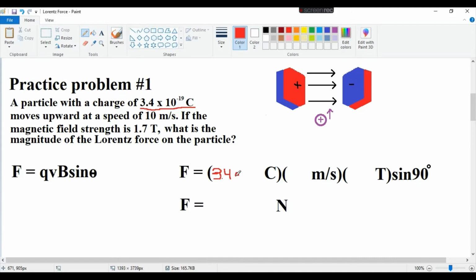I'm just going to write E in here. And then our speed is 10 meters per second, and our magnetic field strength is 1.7 Teslas.